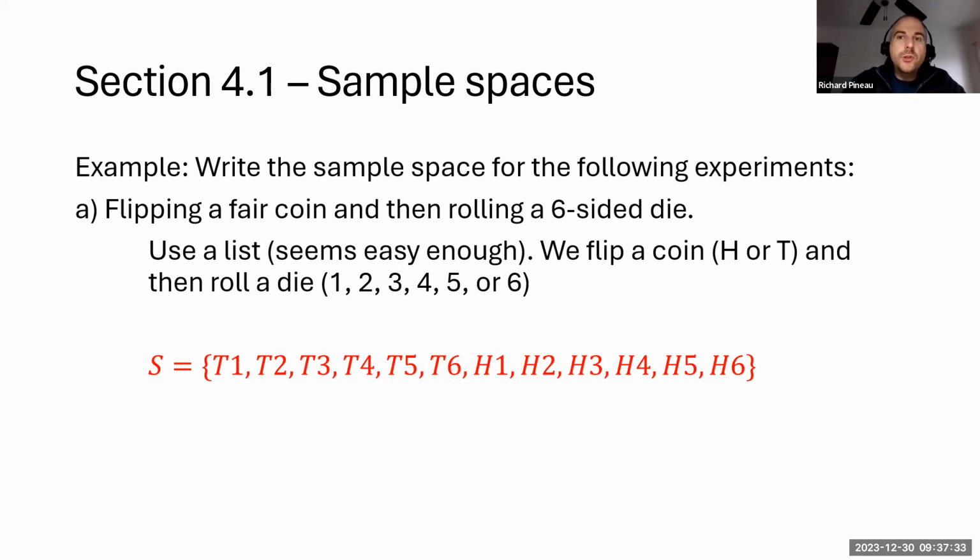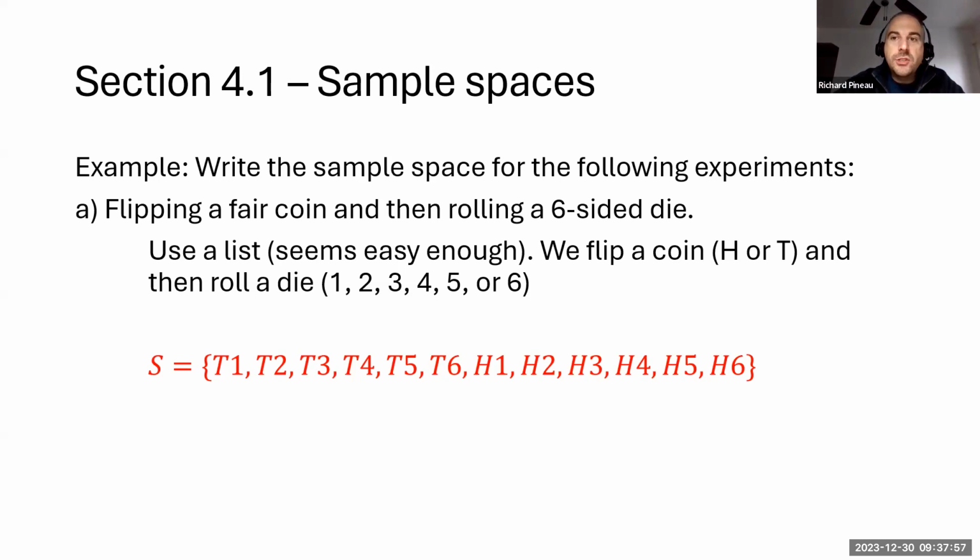So one potential outcome could be that I flip heads and I roll a 4. So H4 could represent an outcome, okay? Similarly, I could flip tails and I could roll a 3. So T3, tails and a 3, could be another outcome. So systematically, it makes sense then to maybe list these in a particular order, which is what I chose to do.